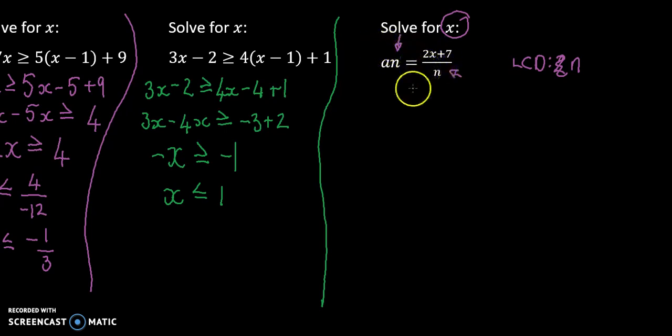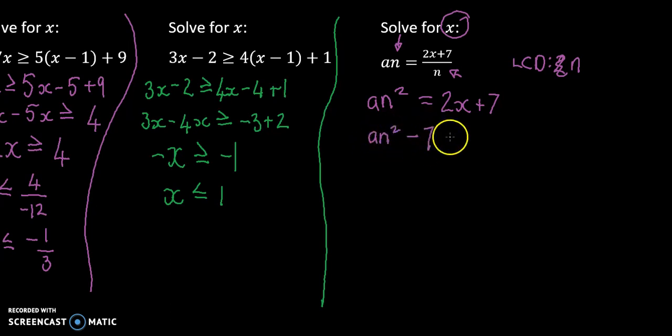And then I'm actually going to drop the bases at the same time. Or not the bases, the denominator. In other words, I have an squared is equal to 2x plus 7. We want to get x by itself, so let's get rid of 7 by subtracting 7 from both sides.